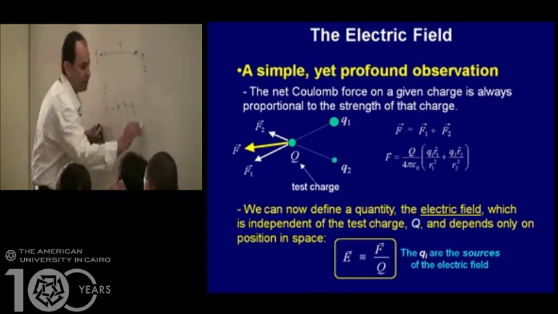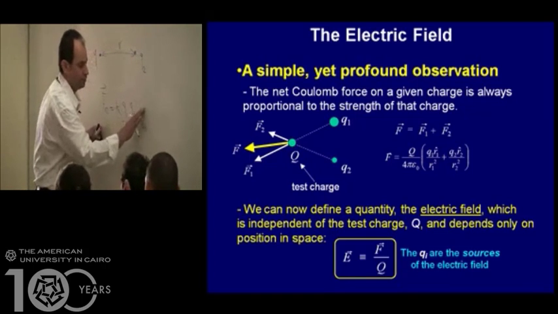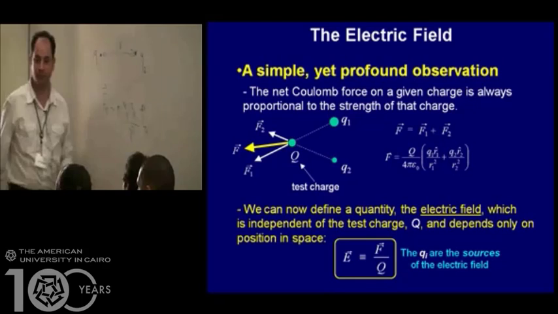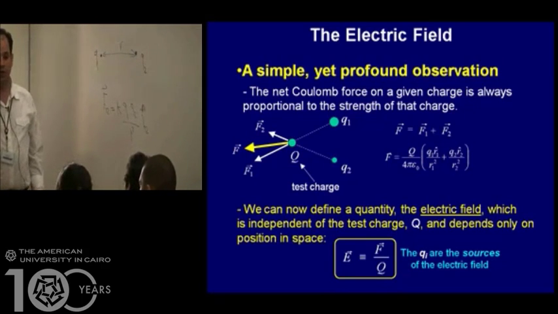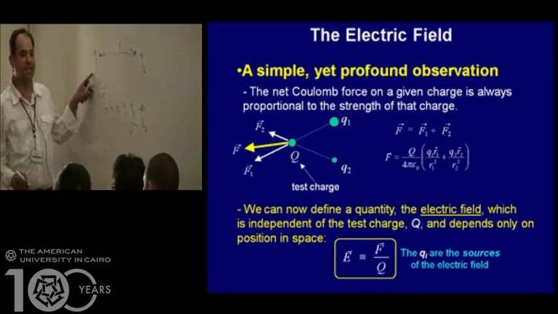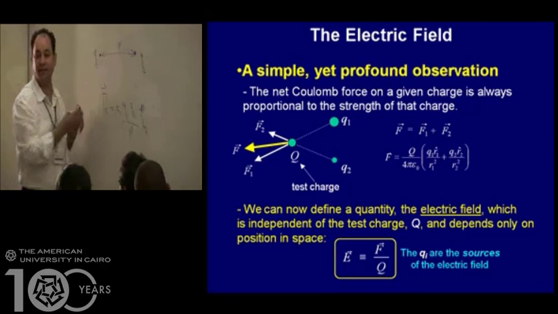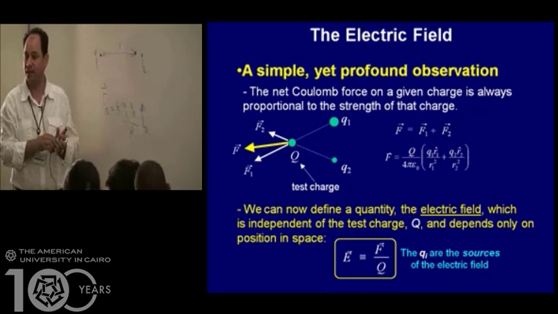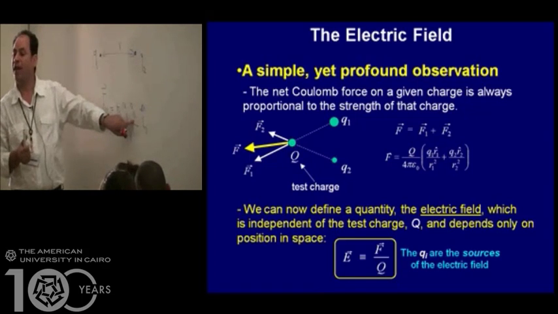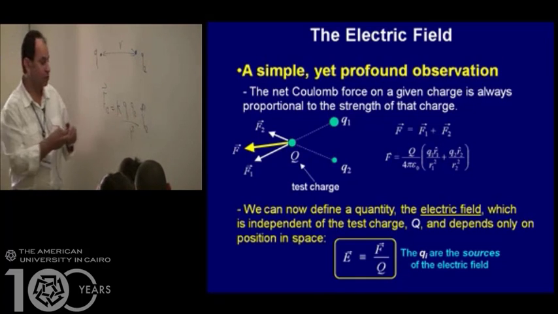And it has a magnitude and a direction. So simply we can say that Q1 has an effect. It creates around it an electric field. That electric field will attract or repel Q2 depending on the type of the two charges.